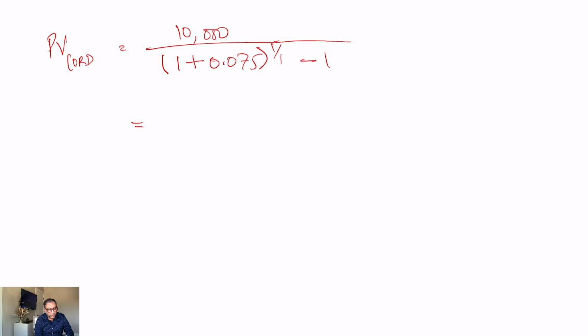So if you calculate it, you get 133,333.33. If Kendra invested this today in this perpetuity, the company is going to be able to pay 10,000 in scholarships each year.